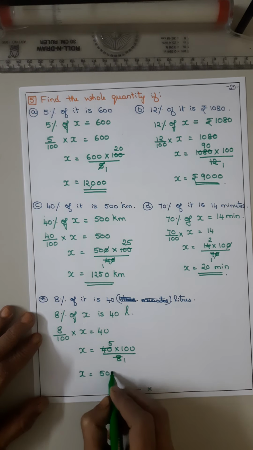What is it? Liter. Is it clear? Hope everyone understood. Did you understand, all of you? Okay, we have completed question number 5. Shall we go to the question number 6?